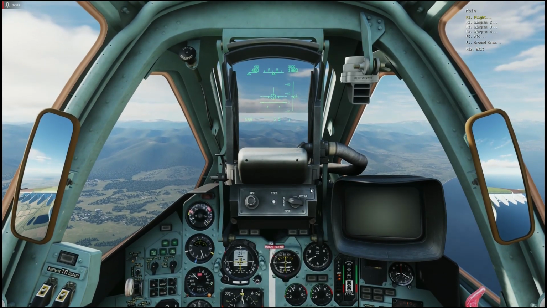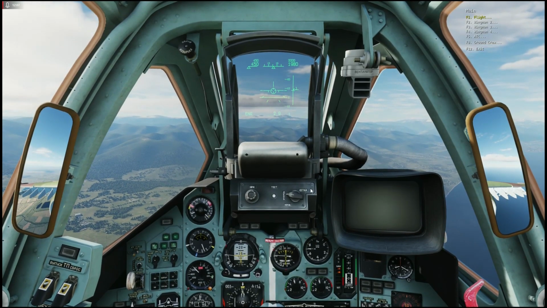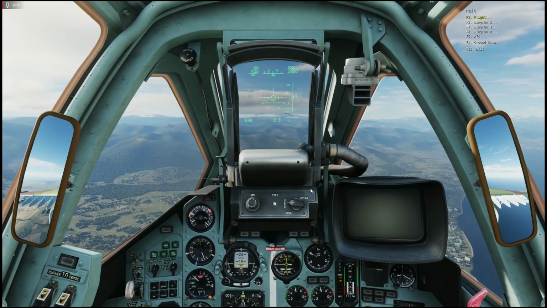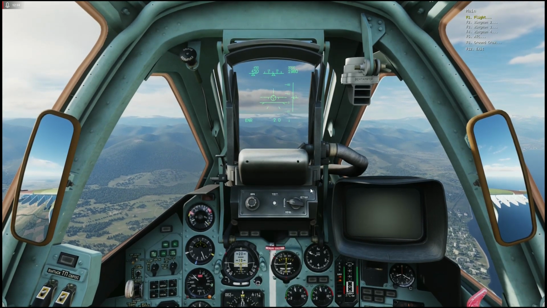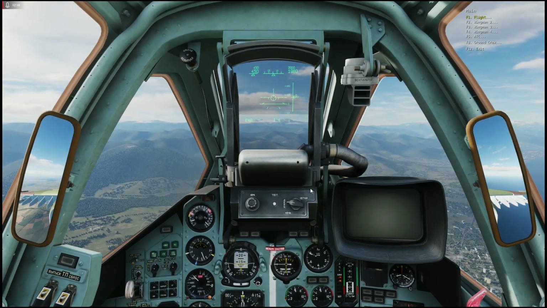Bit up, need a bit of trim. 450 speed. Now I need to maintain that speed, 2.5 kilometers. This is okay.